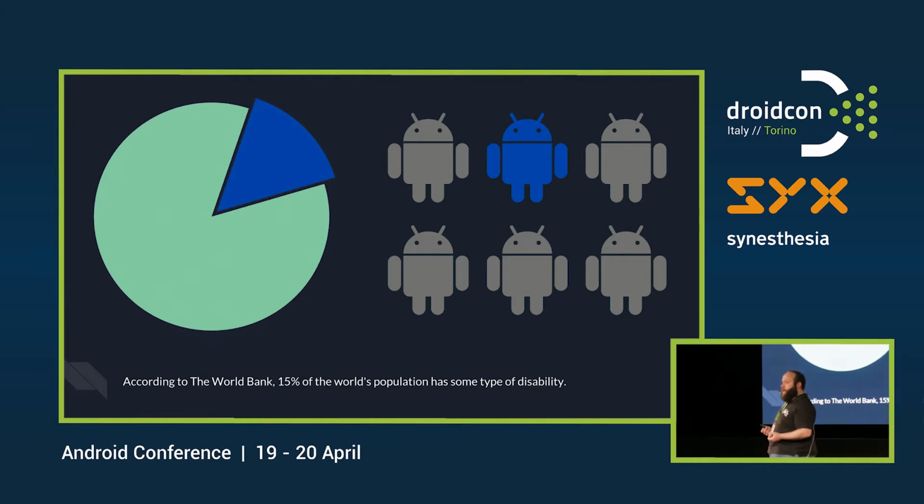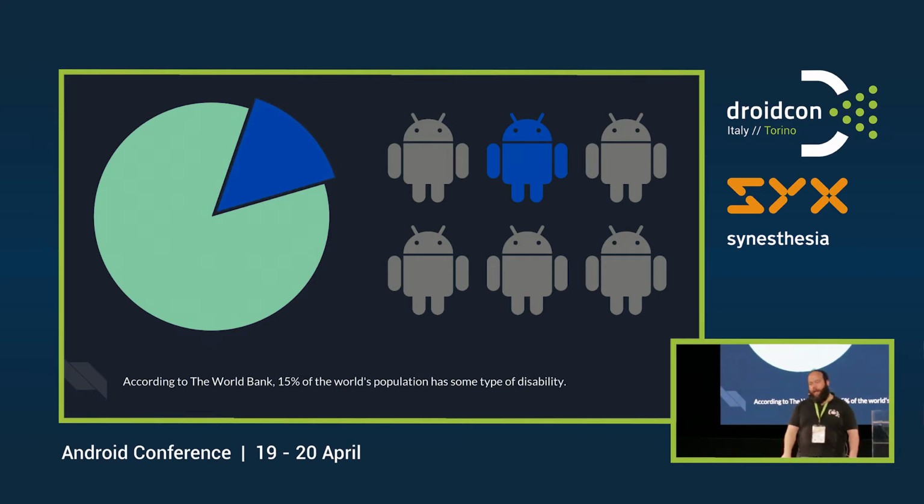Also, if someone has a slight vision impairment, the text can be tricky to read. But Android helps us with this problem by using SP instead of DP. We can see it later. Basically, almost 1 in 6 people can be affected by our bad decisions while writing our application.